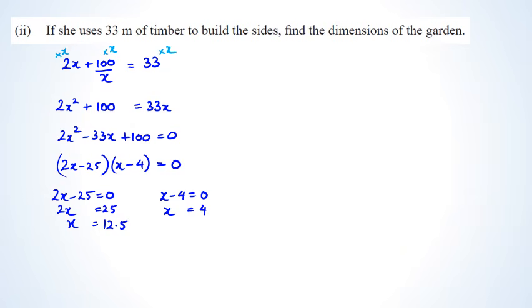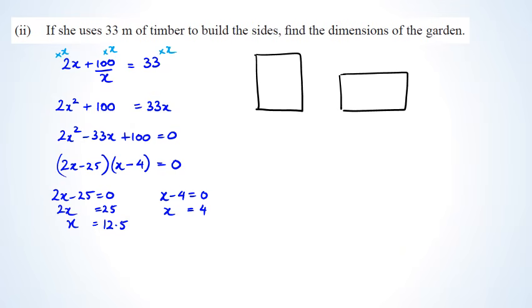Now, here's the thing. Using this, you could actually go back and try and work out what the y value is. But just remember, when she actually uses 33 meters of timber, you could potentially get this. You could get a shape like this, or you can get a shape like this. It's still going to have, both of these things are going to have 50, right?